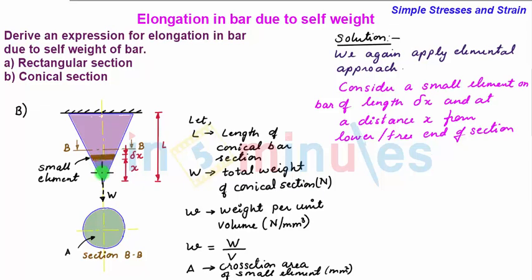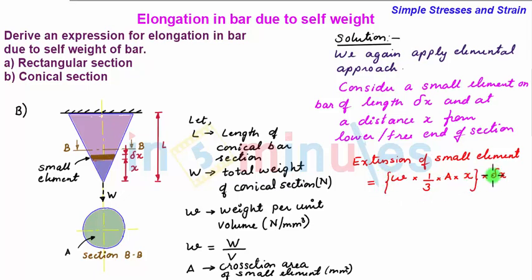Now we see that the load, which is nothing but the weight acting on the small element, is equal to the weight of this small conical section which is below the small element. So the extension of the small element is given as the weight, which is equal to the weight per unit volume multiplied by the volume of this small conical section, which is given as 1 by 3 of area multiplied by length, which is x.